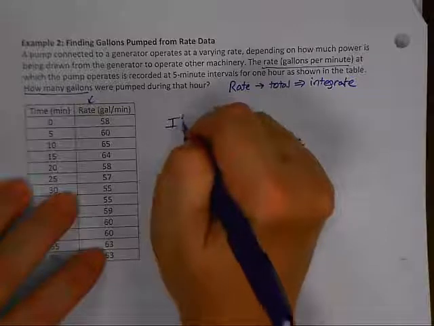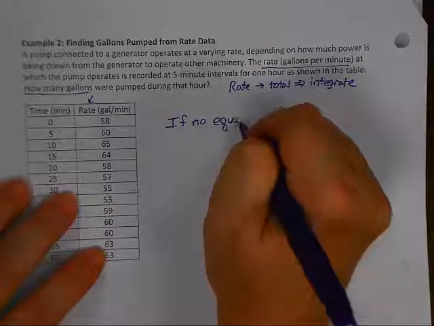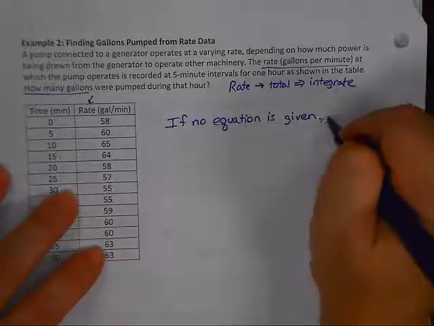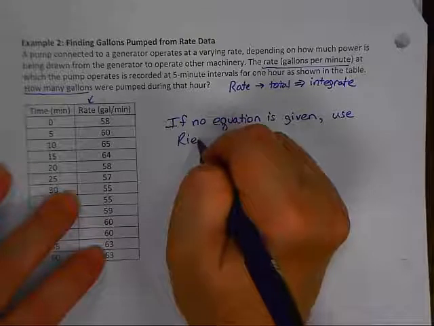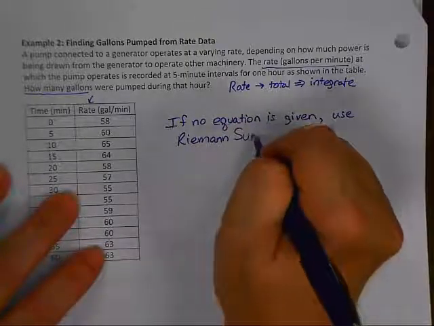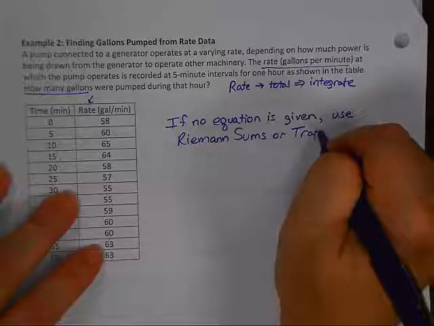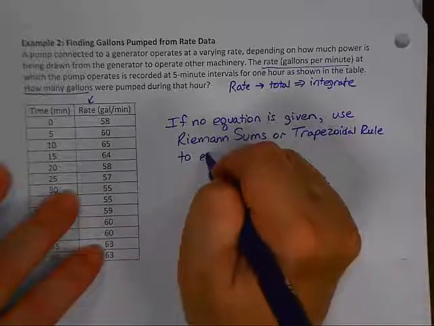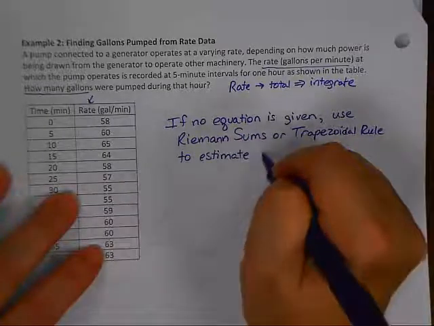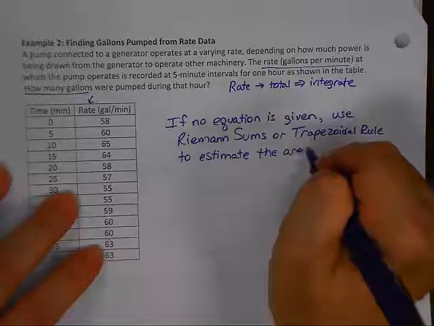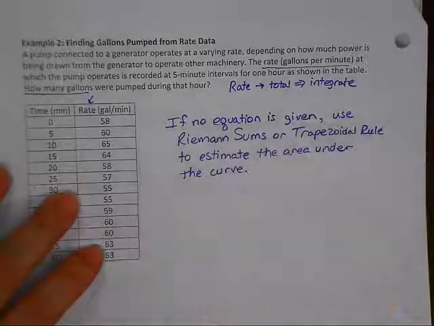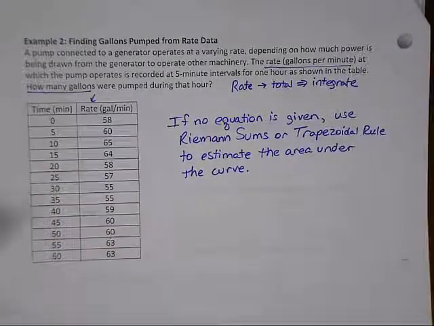If no equation is given, use Riemann sums or trapezoidal rule to estimate the area under the curve.